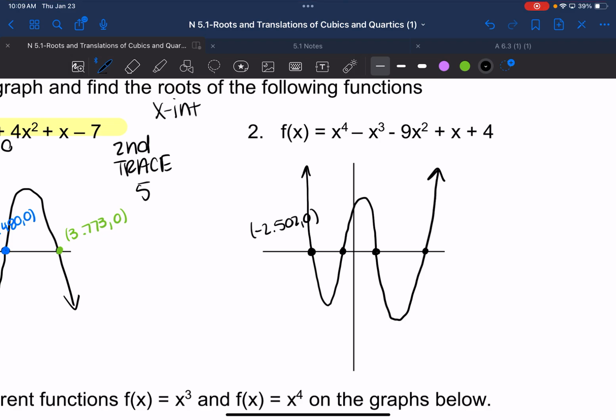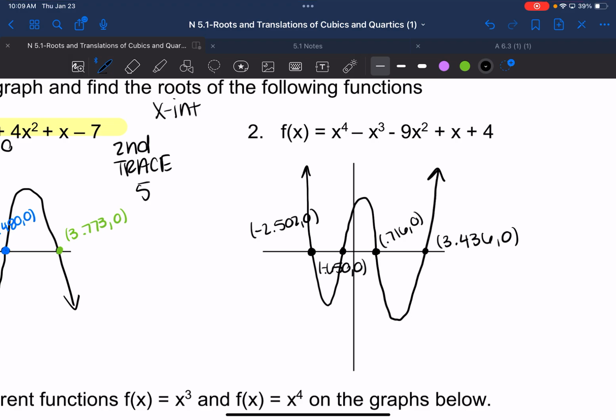Good. Perfect. What about that third point? What's its location? Okay. And then that fourth and final point? Nice.